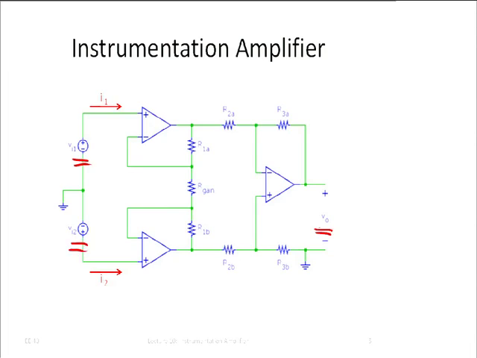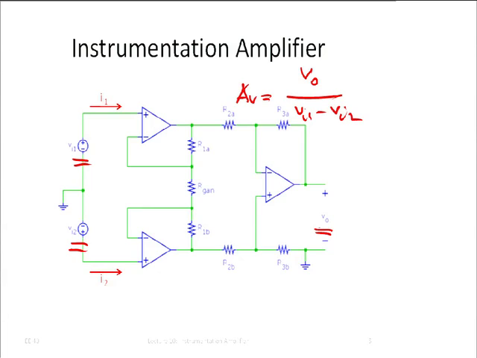Right? That's really what we want to know. What we want to know is the closed loop gain, V out over VI1 minus VI2. And that's the closed loop gain of this instrumentation amplifier.